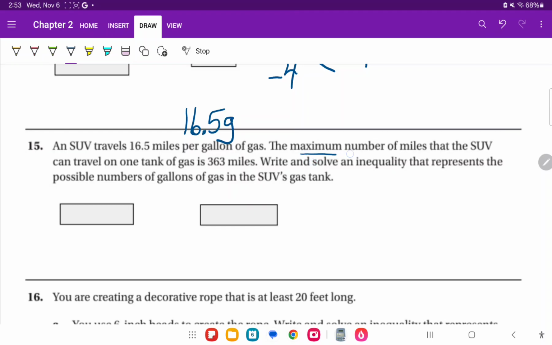Now, the maximum number is 363 miles, so it's less than or equal to 363.